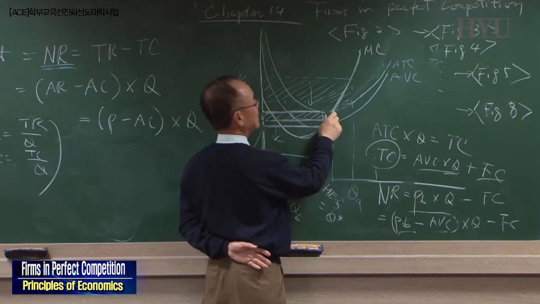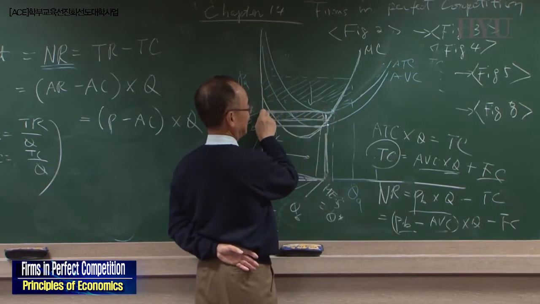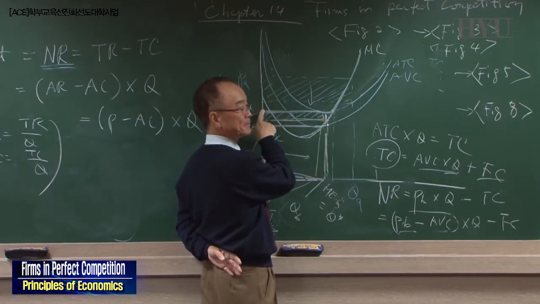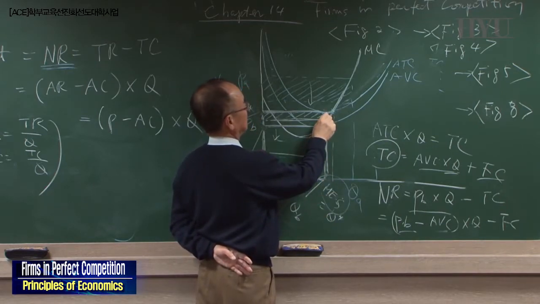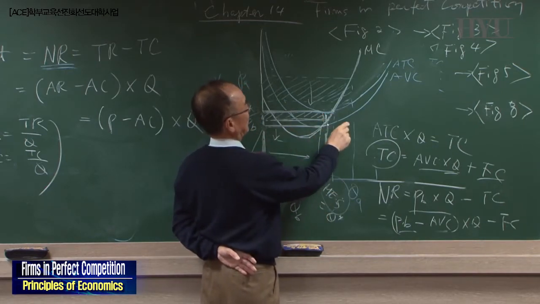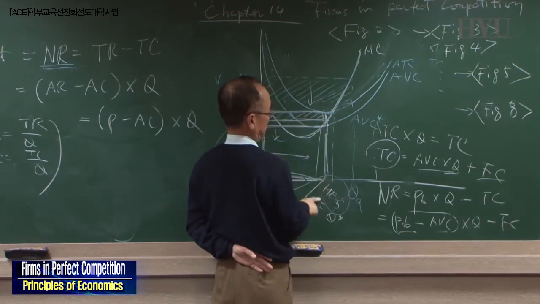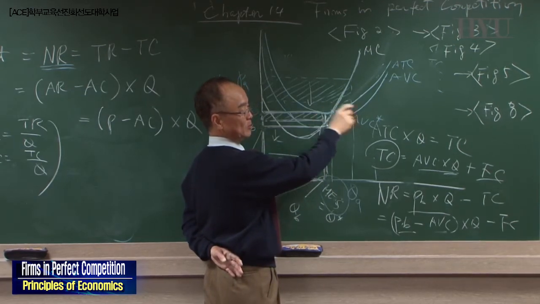So in the long run, the key information I want you to know is that if market price falls down below the minimum AVC at the minimum efficient scale, you will exit from the market, right?